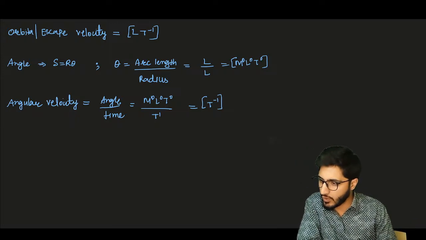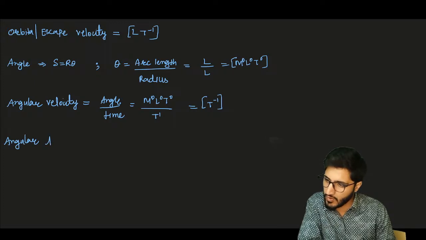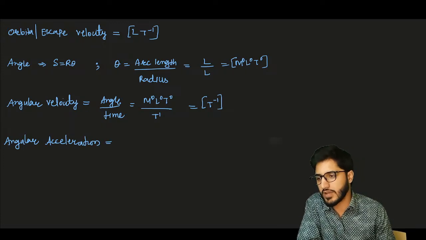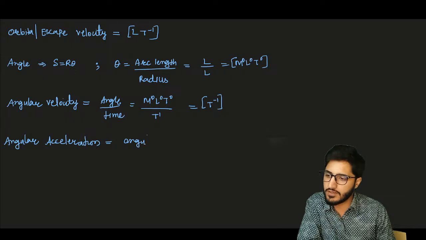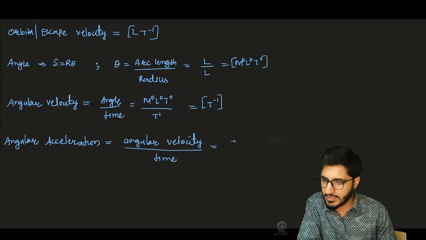Now we are having angular acceleration. I can write it as angular velocity by time. So angular velocity is nothing but T^-1 divided by T1.